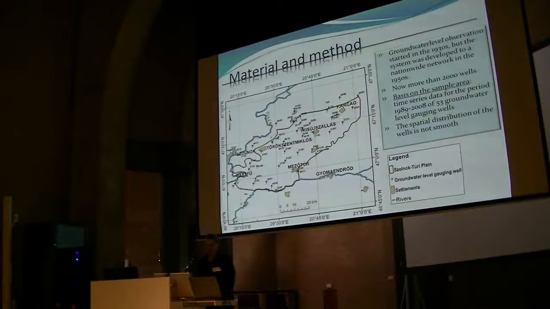On my sample area, there were only 53 groundwater level gauging wells, and as you can see, the distribution is not so smooth, not so perfect, but from that we can also see the characteristic of this area.